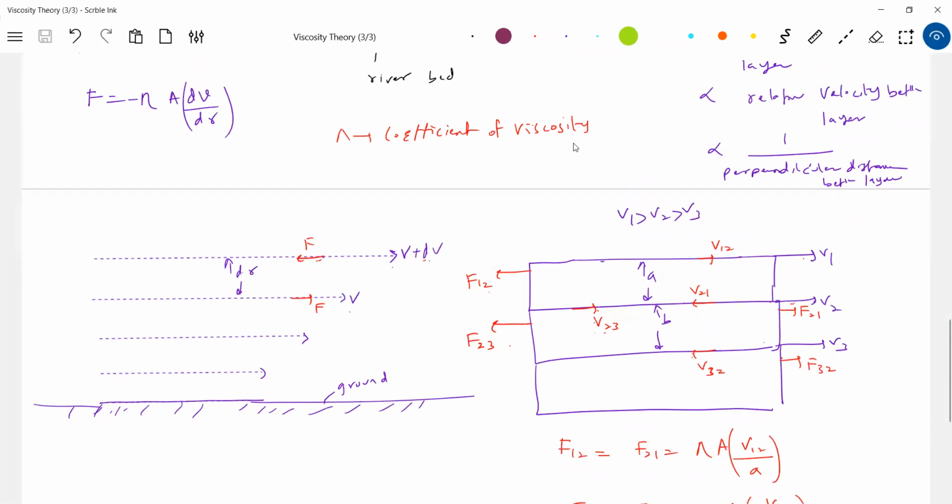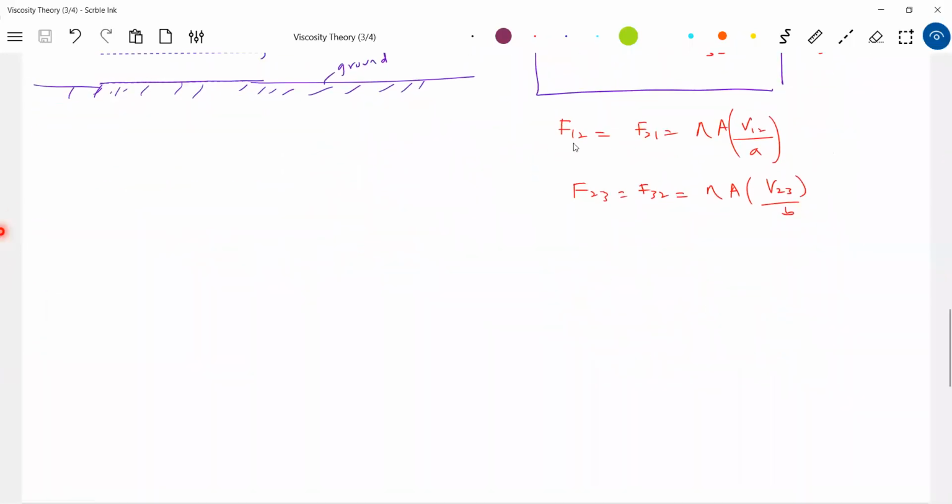Now this is called the coefficient of viscosity. What can be the unit for this? We'll search for the unit for that one. Coefficient of viscosity. So F is equal to eta A dv by dr, so eta equals F into dr by A dv. What can it be?